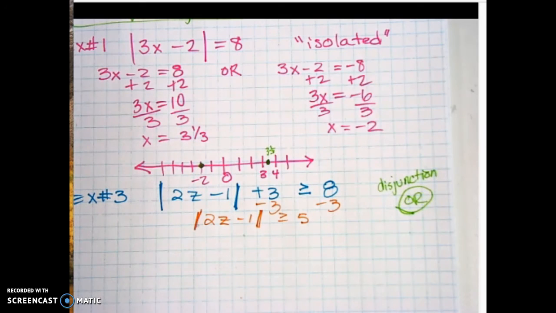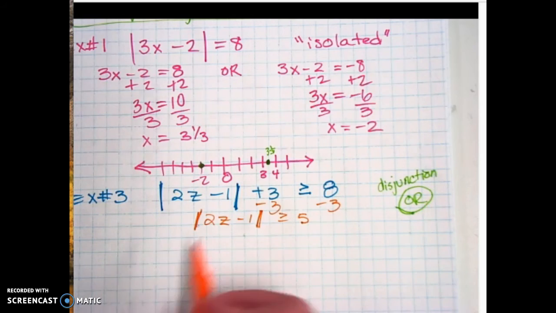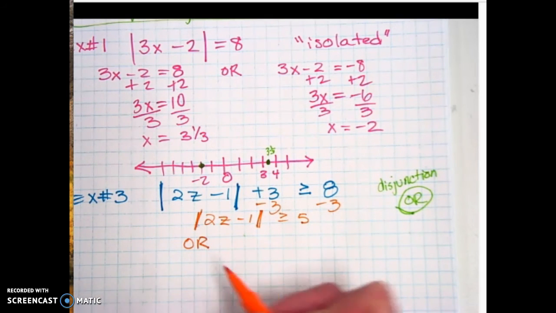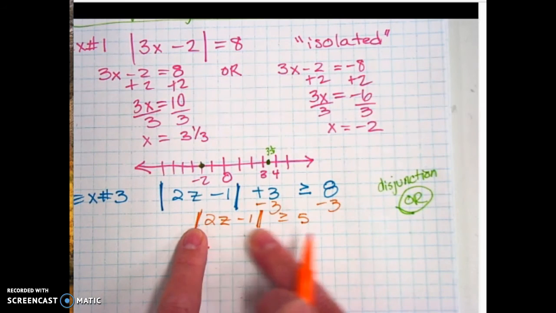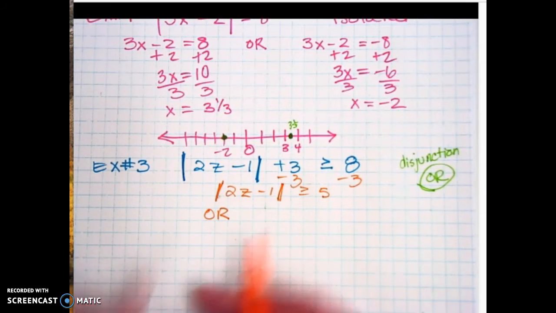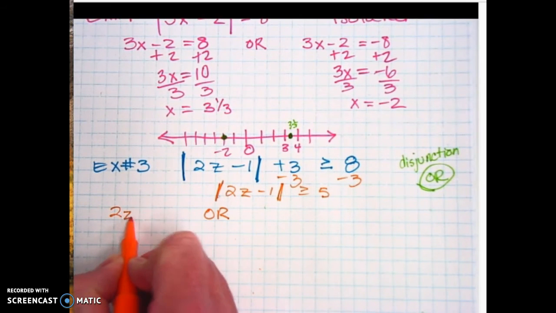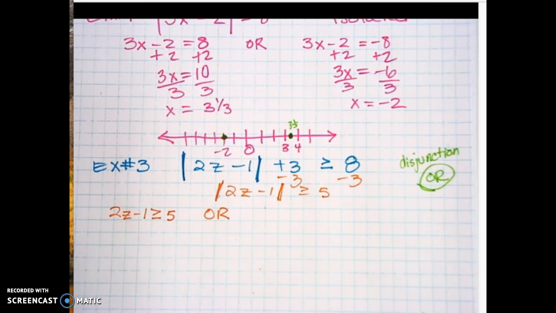Okay. Now we're going to write this as a disjunction with the word or in the middle. And on the left, we're going to write this exact inequality without the absolute value bars. So exactly what you see minus the absolute value bars. So the 2z minus 1 greater than or equal to 5.